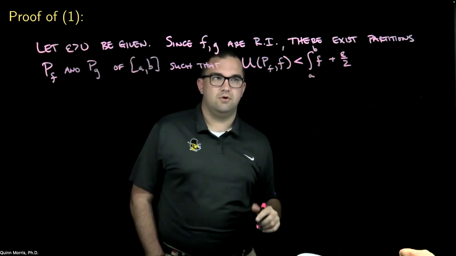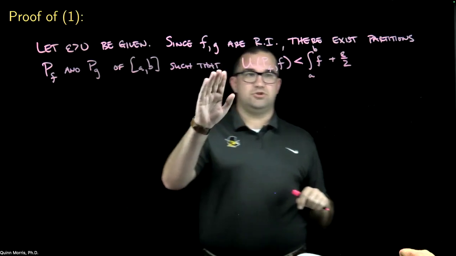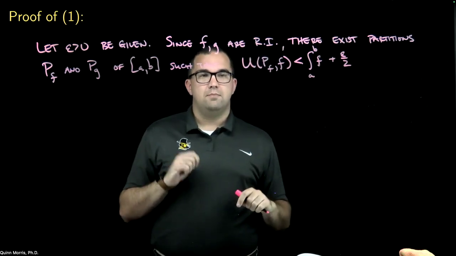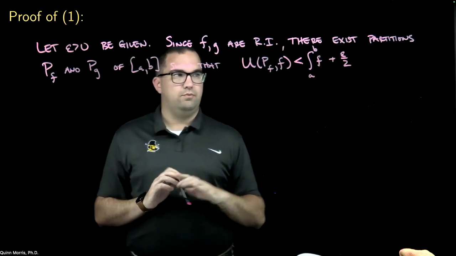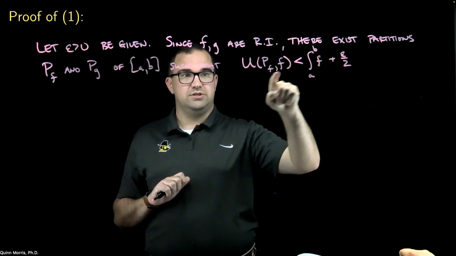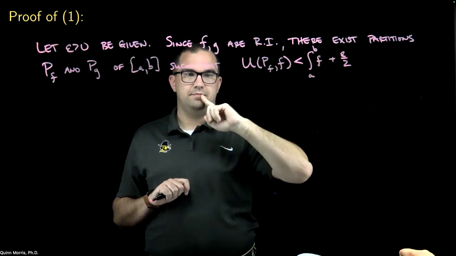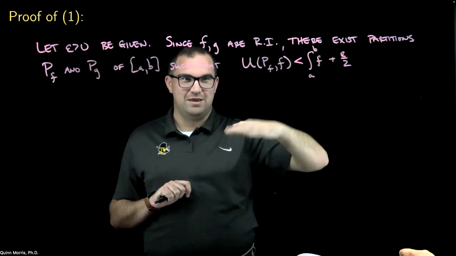Now let's understand why I can do this. I know that my function is Riemann integrable. Because it is Riemann integrable, the supremum over all partitions of the upper sums, sorry, the infimum of the upper sums.